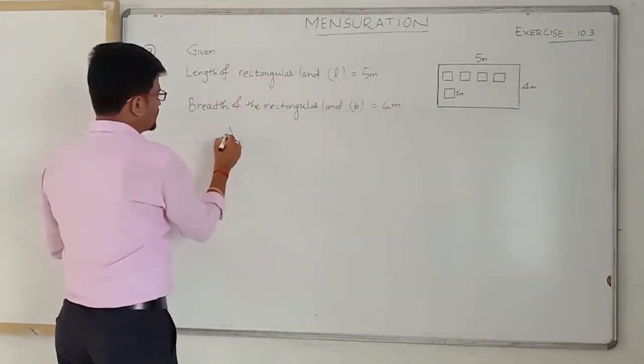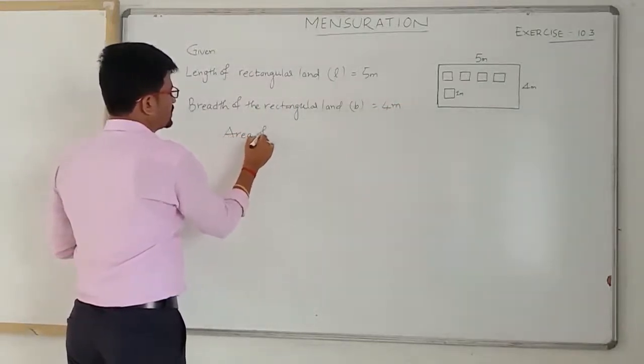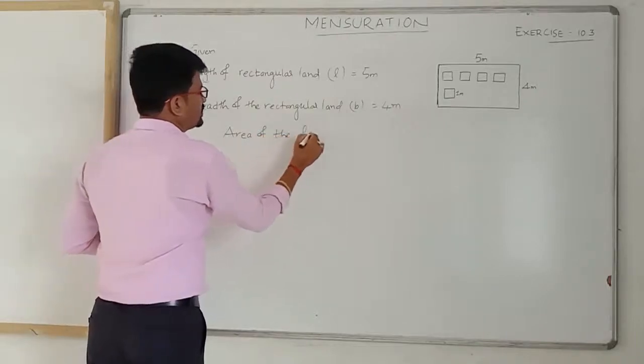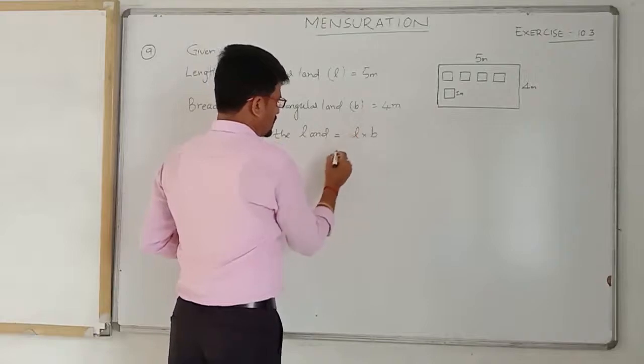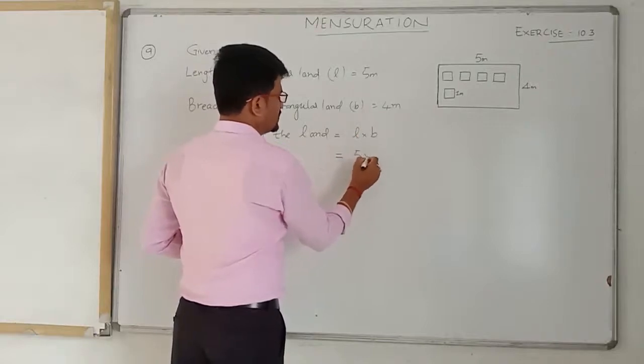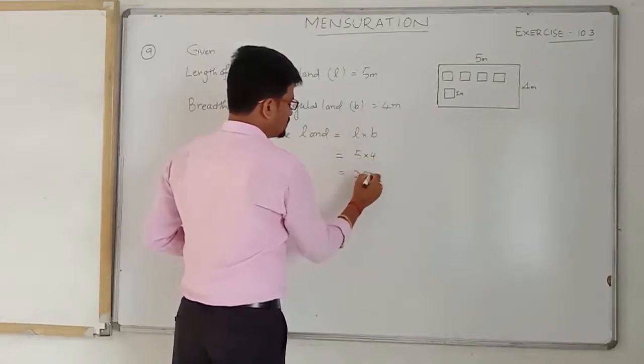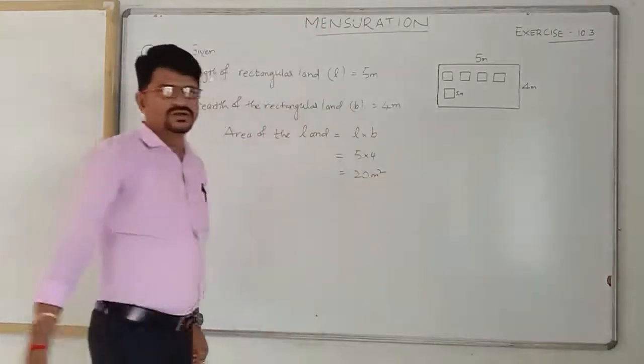Now the area of the land is equal to L into B, that implies 5 into 4, that implies 20 meters square.